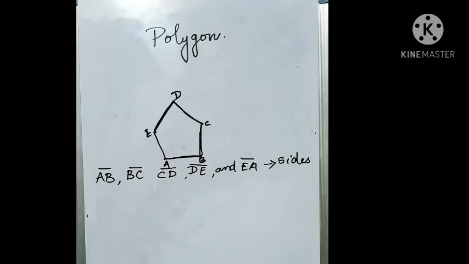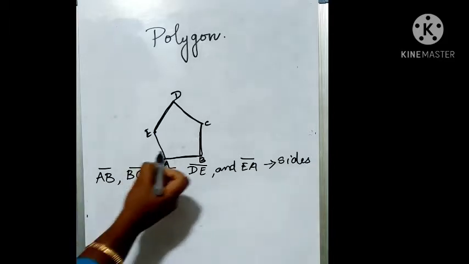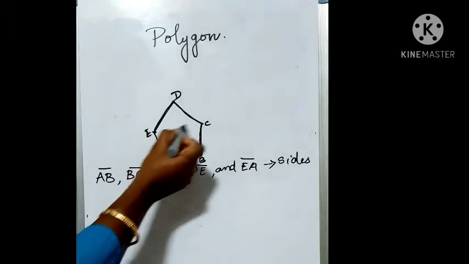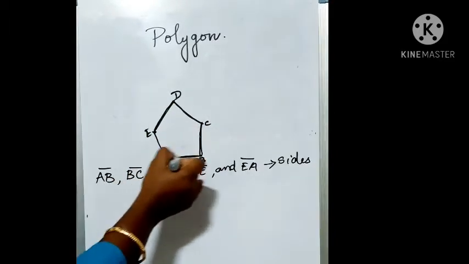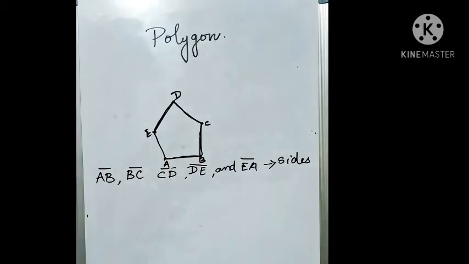Fine. Next, what we are going to see is the vertex. What is a vertex? The meeting point of a pair of sides. The meeting point of a pair of sides is called a vertex, and the plural is vertices.